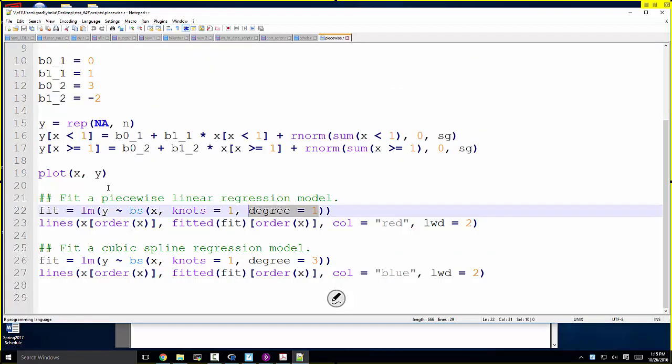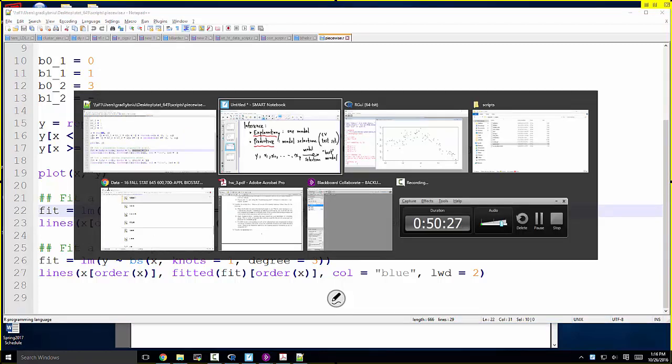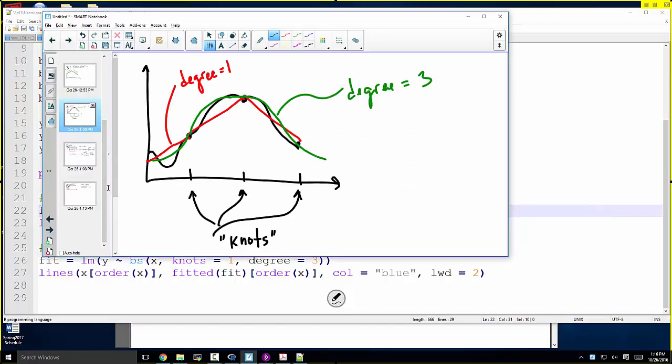Yes? In some piecewise situations, the data will not meet at the knots. So can I also use the BS function? Okay, so if we had cases where the functions were not expected to meet at the knots, you would need a different technique. So one simple technique could be a step function, where you allow an arbitrary, unconnected value in the different regions. That's easy to do.